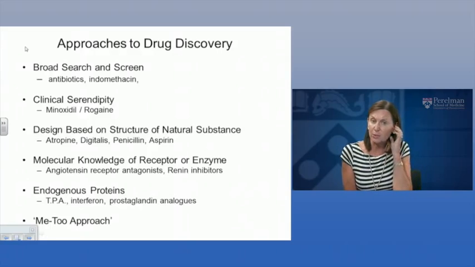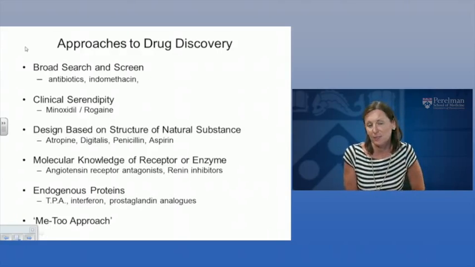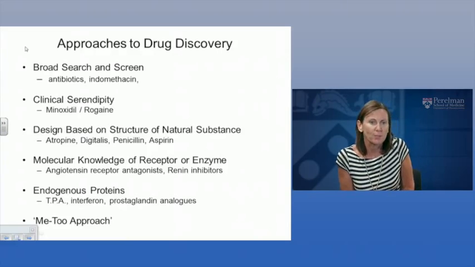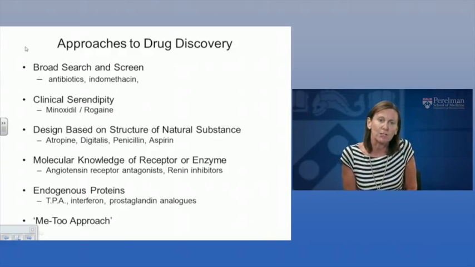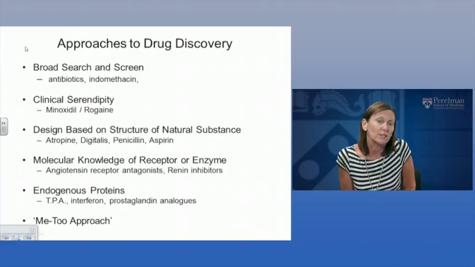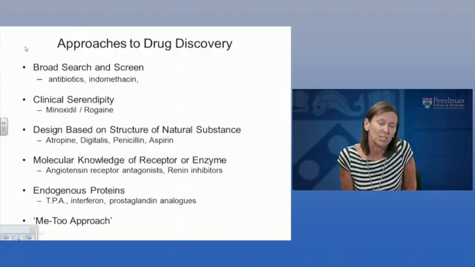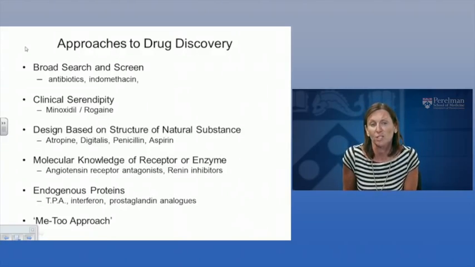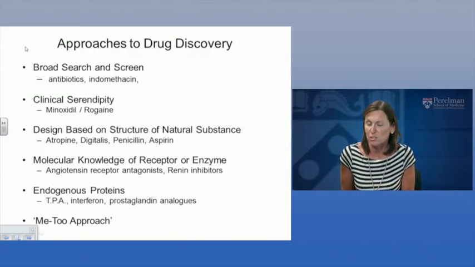And then there's the final approach of the Me Too approach. And this, from my perspective, is somewhat unimaginative, but maybe necessary from an economic perspective, is the idea of generating a drug which is very similar to a drug that's already on the market. And this typically occurs in the domain of large pharma, different companies competing with each other to get different drugs to the market.